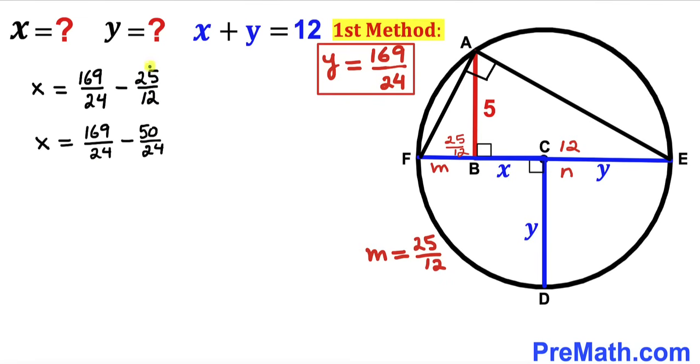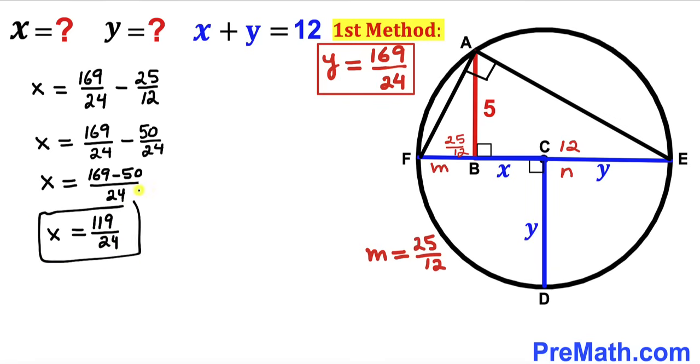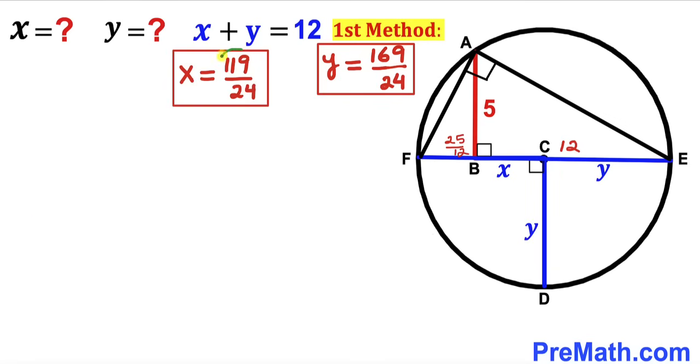And now we can tweak this 25 divided by 12 as 50 divided by 24. That is going to be equal to 119 divided by 24 units. So thus our x value turns out to be 119 divided by 24, and y value is 169 divided by 24 by using the very first method.